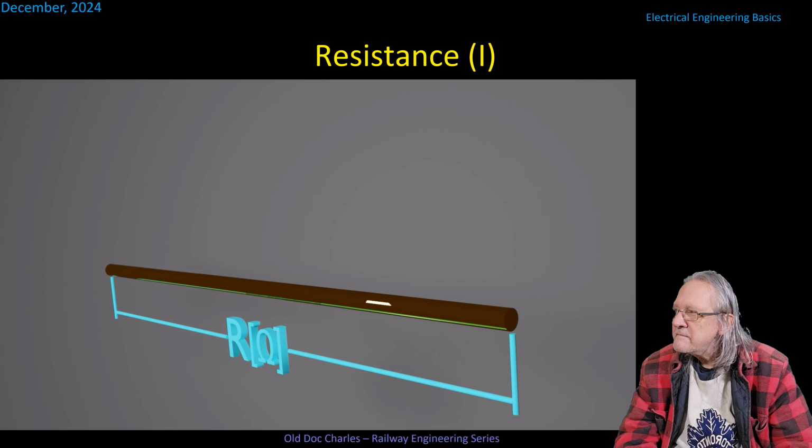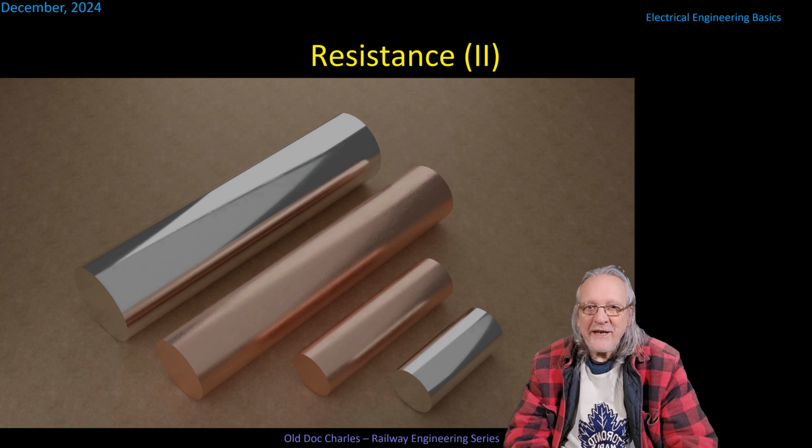So here we have 4 different bits of metal, and there are 2 different types. The coppery colored one is copper, and the silvery one is aluminum. You can see they're all different diameters and different lengths.